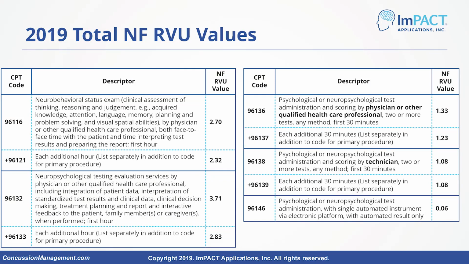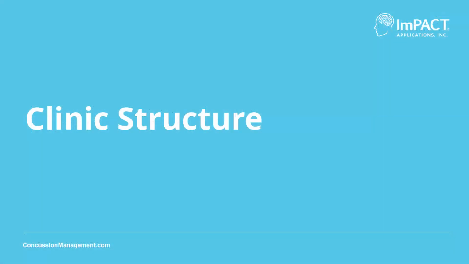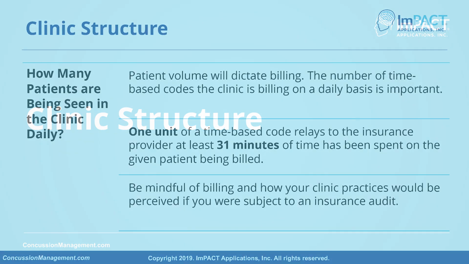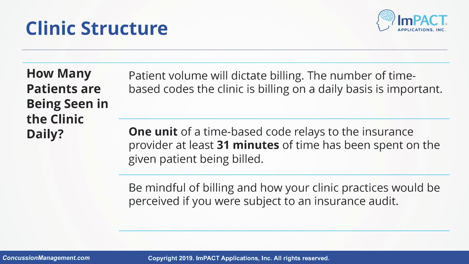You can see in this table that it is based on RVUs, the relative value of the services provided. I'm not going to go through all those, just understand that that's how the reimbursements were decided. So in terms of clinic structure, you can see here that patient volume dictates billing. You have to be mindful of how your clinical practices are perceived if you were to go through an audit, meaning you should make sure that there is sufficient face time allocated to the patients for what you're billing.